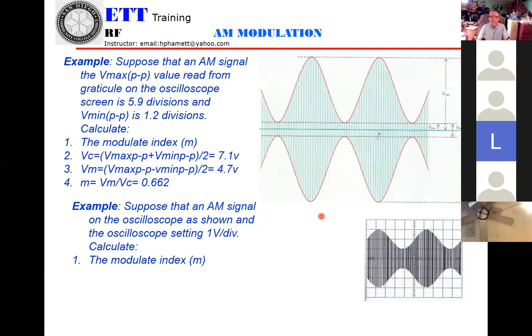Now you can see this is the signal coming out of the modulator. So try to understand when you're looking at the signal, where is the carrier? The blue.